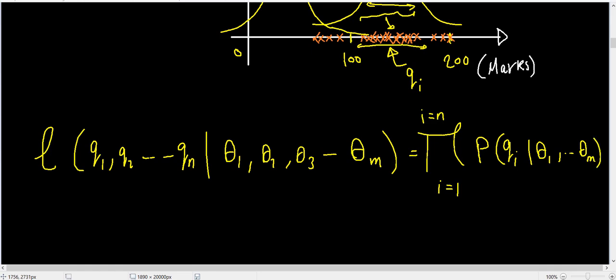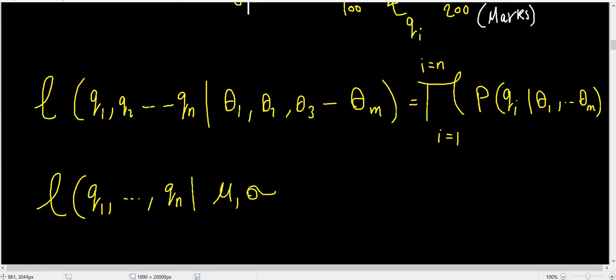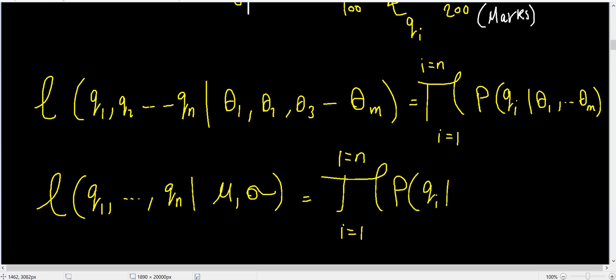Of course, in the specific case of Gaussian distributions in 1D, this will be simplified to the likelihood of all our data points again, so from Q1 to Qn, given only mu and sigma, is equal to the product from i equals 1 to i equals n of the probabilities of Qi given mu and sigma.